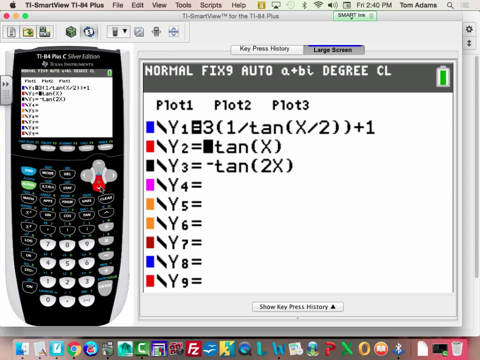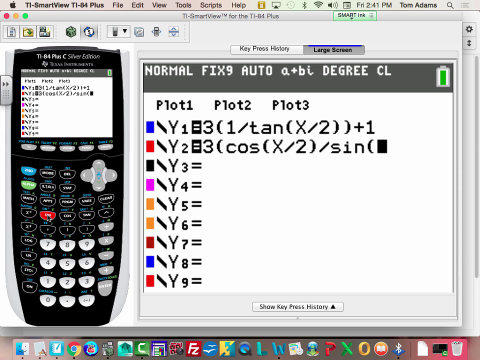Yeah. Then I'm going to clear this out, and come back up here, turn my thing on because I had it turned off for example number 1. 3, and then in parentheses, now this is where it gets tricky, I'm going to say cosine of x divided by 2 divided by sine of x divided by 2, close all that in parentheses, plus 1, I think.